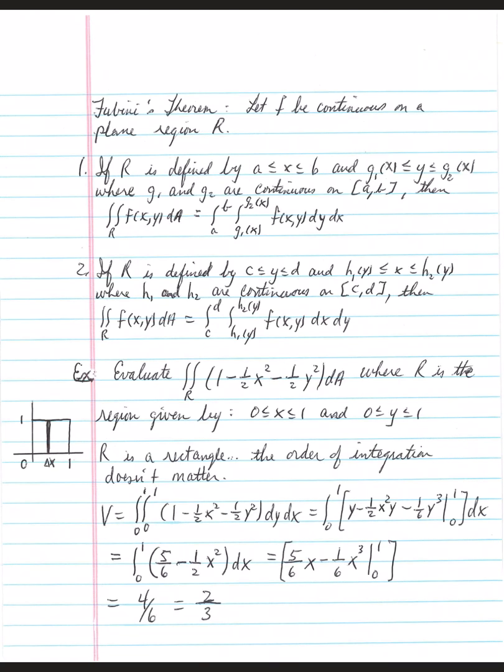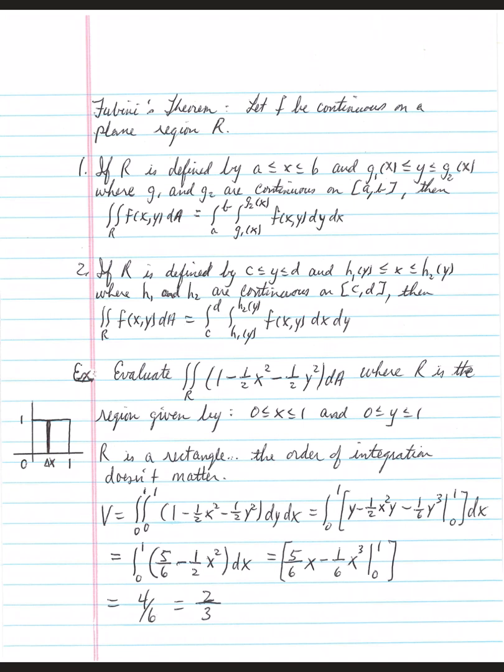Fubini's theorem says we can let f be a continuous function on a plane region R if that region is defined by x between two constant values, and y is trapped between two functions where g1 and g2 are continuous on the interval from a to b.